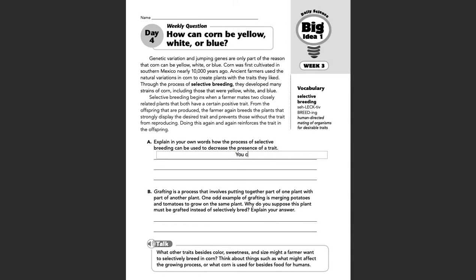So with selective breeding, you can breed only organisms with the traits that you desire, and you can prevent those same organisms that don't have desirable traits from reproducing, so that you can, whether it's corn or, you name it, breed those to have the traits that you want and also breed them to have the traits that you don't want.